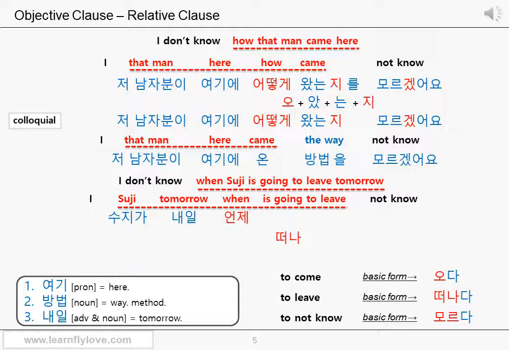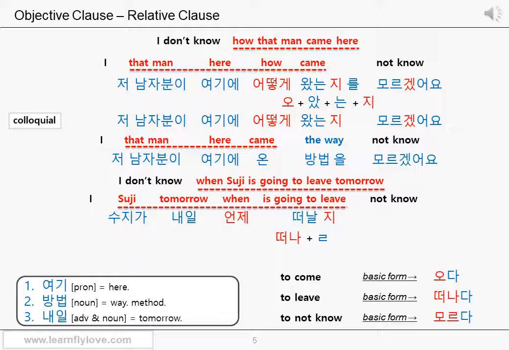But you can just add final ㄹ consonant or 을 sound to tell it's going to happen in the future. The last letter of the stem, 나 sound of 떠나, doesn't have a final consonant. Therefore, you just need to add a final ㄹ consonant. 떠나 plus ㄹ consonant becomes 떠날. And add 지, 떠날지.